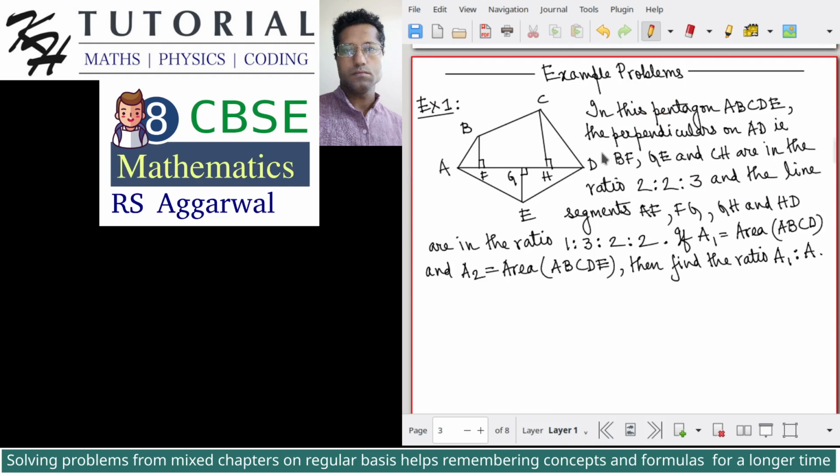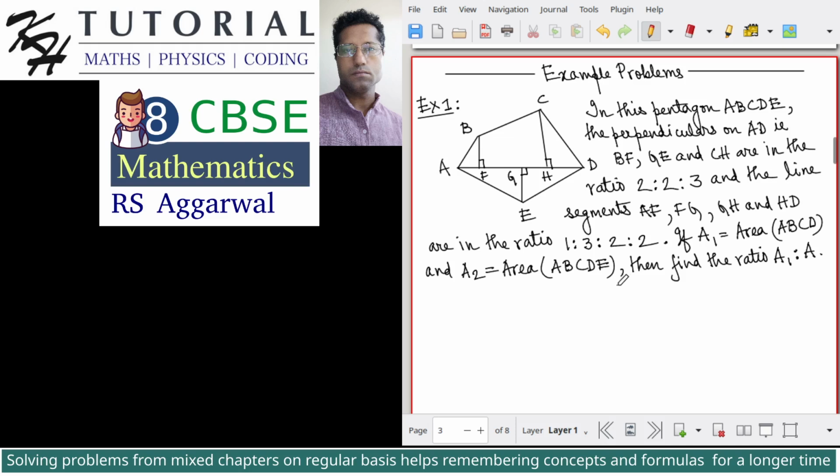The first problem says that we are given a pentagon. In this pentagon ABCDE, the perpendiculars on AD, that is BF, GE and CH, are in the ratio 2:2:3, and the line segments AF, FG, GH and HD are in the ratio 1:3:2:2.